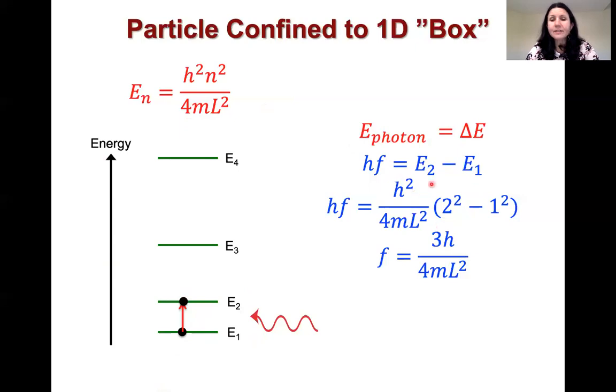All of this stuff is constants. And then the transition we're making is from n1 to n2, so our final is 2 squared, and the initial was 1 squared, so we get 4 minus 1, a factor of 3. Then we can solve for the frequency, divide by h, so we get this expression. So we can figure out exactly what the frequency of the light required to make that transition is.